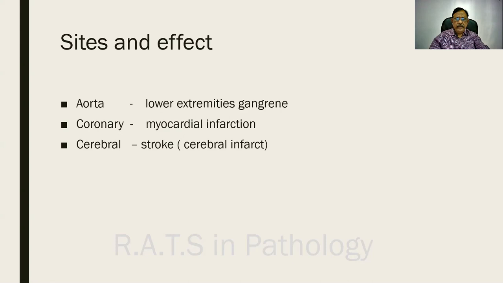Cerebral artery, which can be obstructed and lead to a cerebral infarct or a stroke. I repeat again, aorta, coronary artery, and cerebral artery. Gangrene of the foot, myocardial infarction, and stroke.